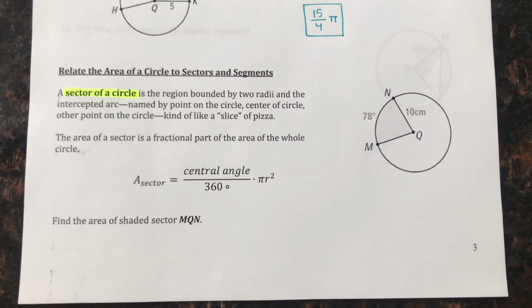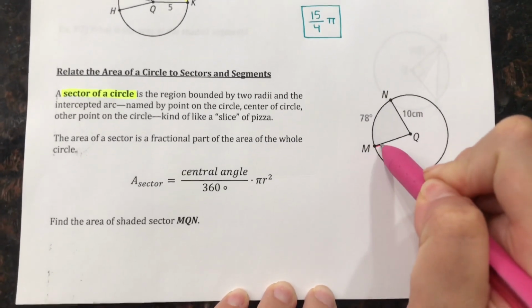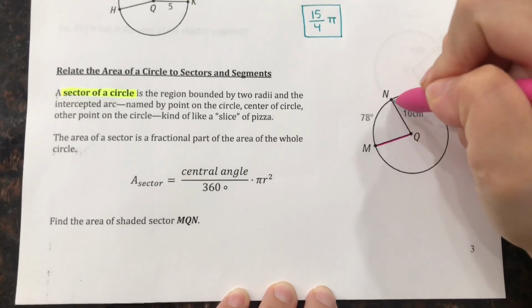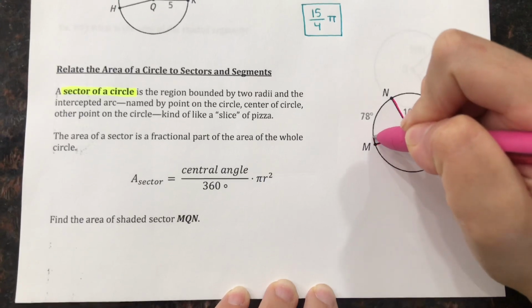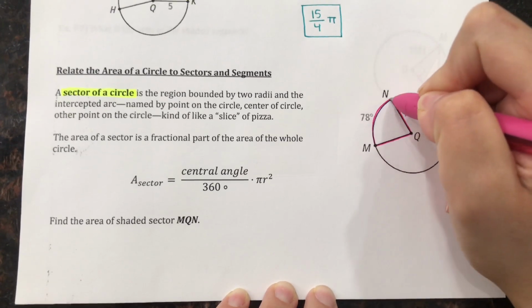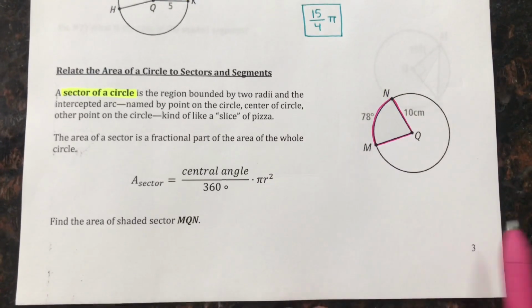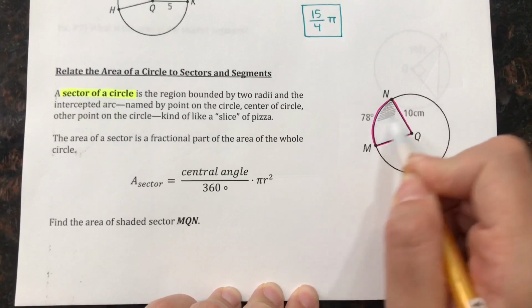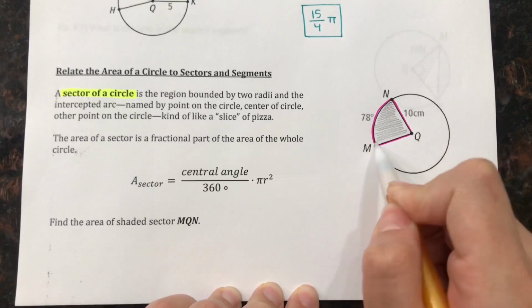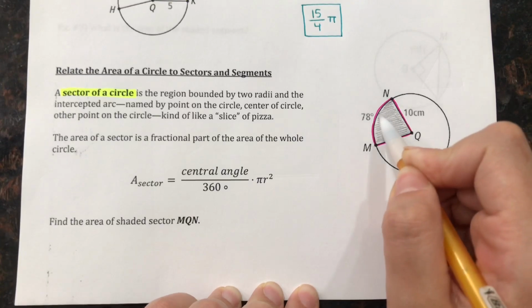If I were to highlight one radius and another radius, the intercepted arc is the arc connecting those endpoints. You'll notice it's a little bit shaded in. I'm actually going to shade it a little more. This whole section is called a sector. It's kind of like a slice of pizza.